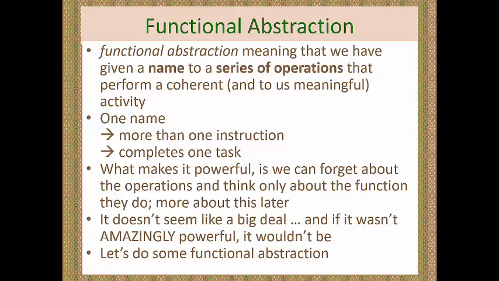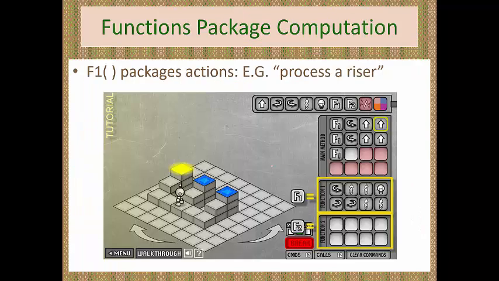One name, to me, but more than one instruction. It completes one task. To the agent, it's many tasks. This is a very powerful part of programming, and it requires that pattern matching ability. It requires that decomposition ability, and then forming it all together into an algorithm. All that stuff we mentioned earlier about computational thinking. Let's see how LightBot did that.